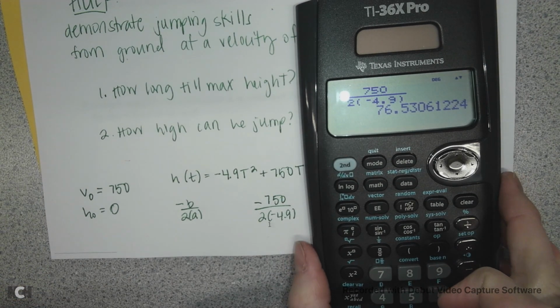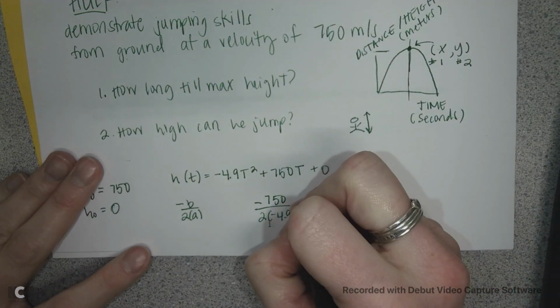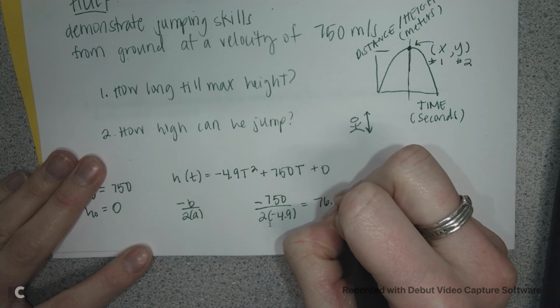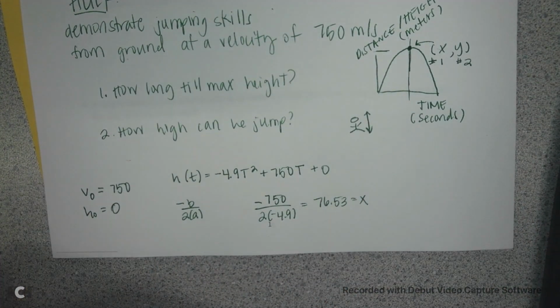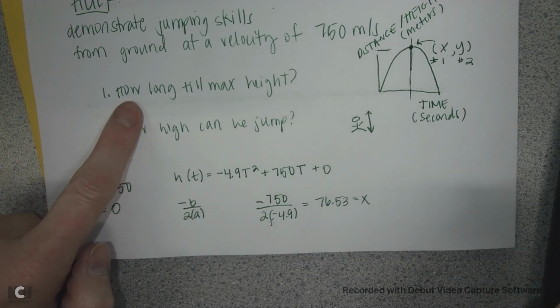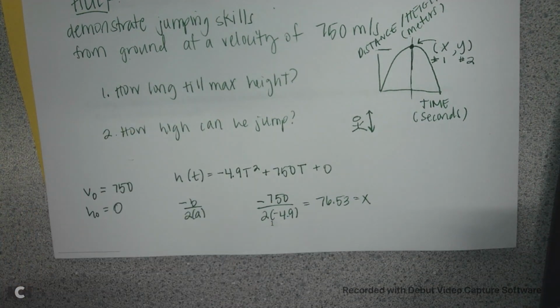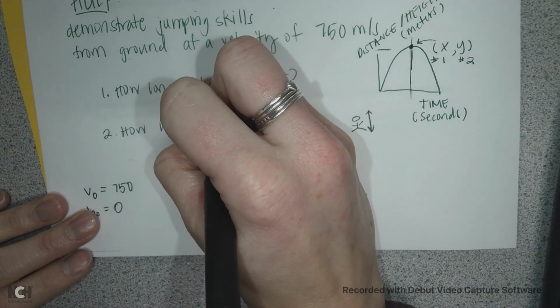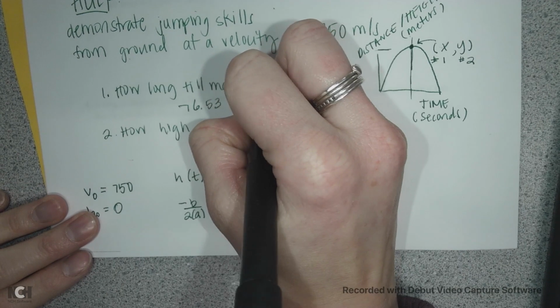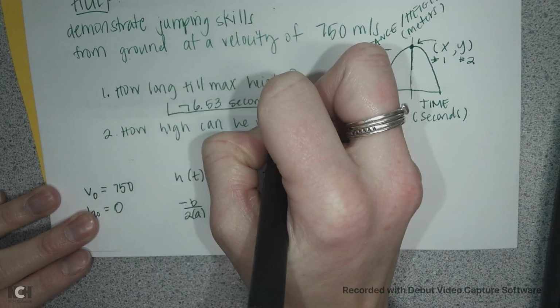We're going to round to the nearest hundredth on all of these. So that's our x value. That is the length of time it took, how long till max height. So it took 76.53 seconds that he was in the air.